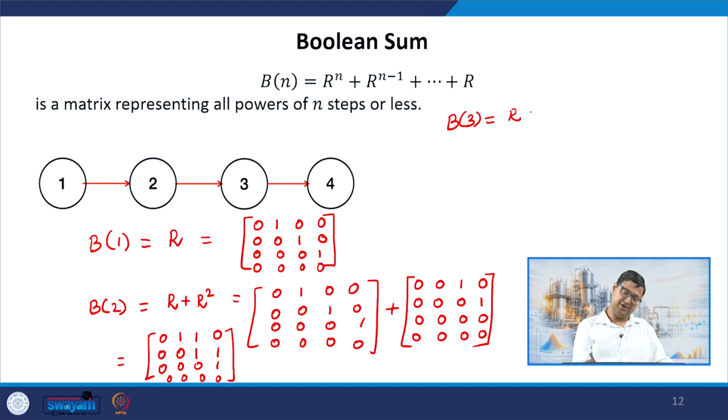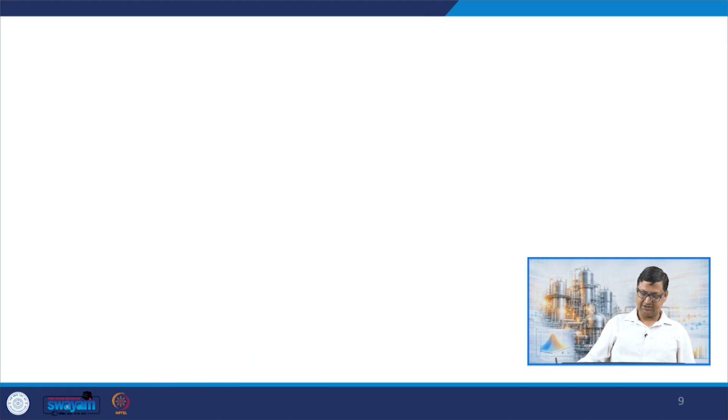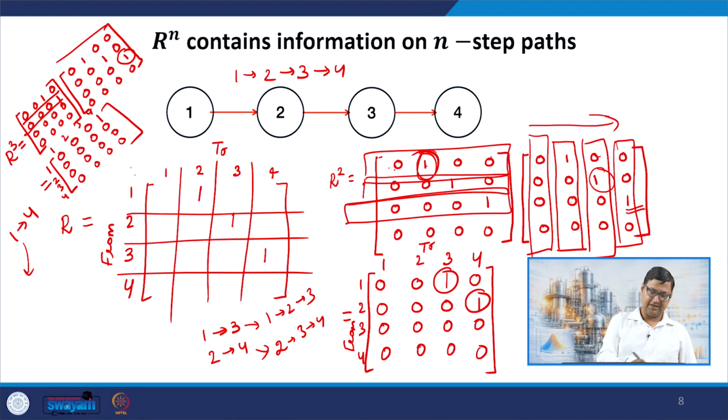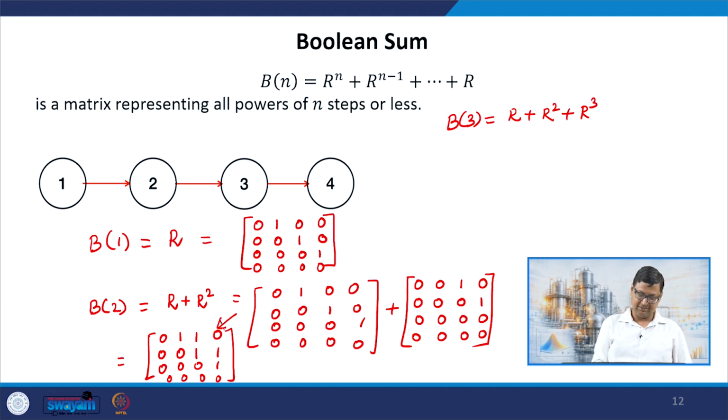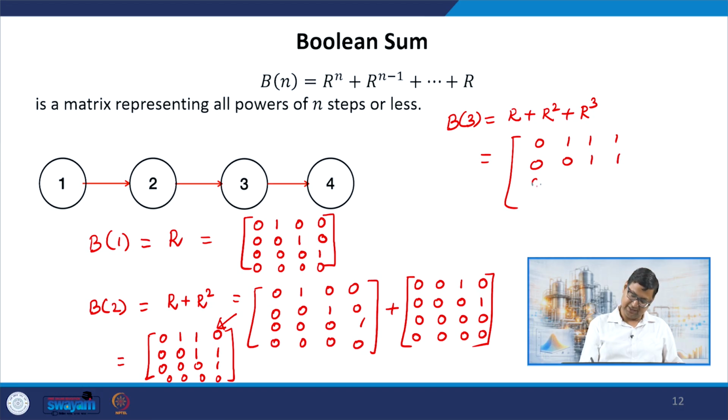B3 therefore is going to be R plus R square plus R cube, and you see in R cube we had a single element at the corner, the 4th element of the first row, that gets added here, and what I get is something like 0 1 1 1, 0 0 1 1, and then 0 0 0 1, 0 0 0 0.